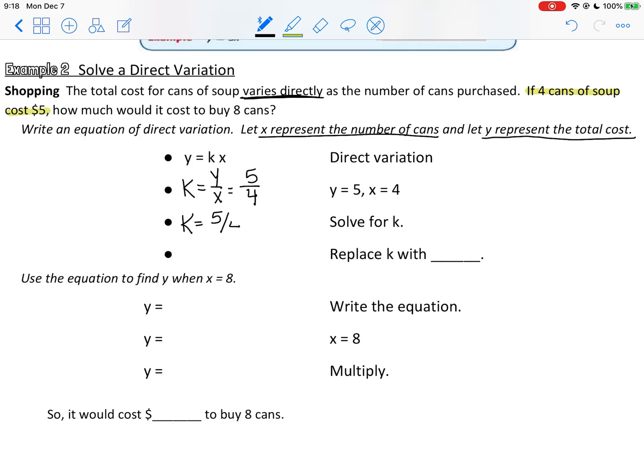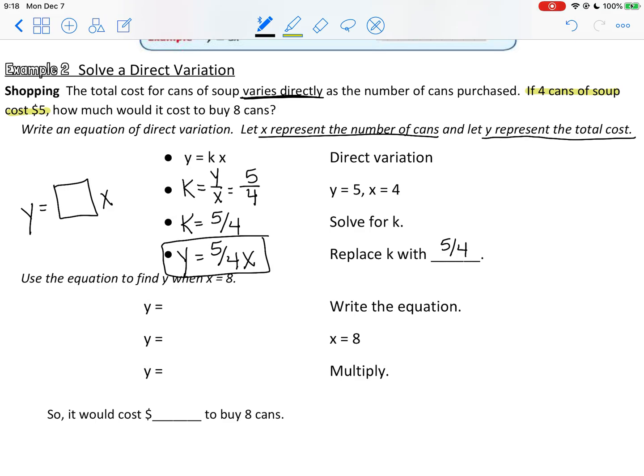So on this one, I'm going to leave it as 5/4, but know that it's the same as those other forms. So now this is my pattern. This is what I'm going to put in that blank. So y equals pattern times x. I'm going to replace that k with 5/4 so that I can write the equation: y equals 5/4 x.